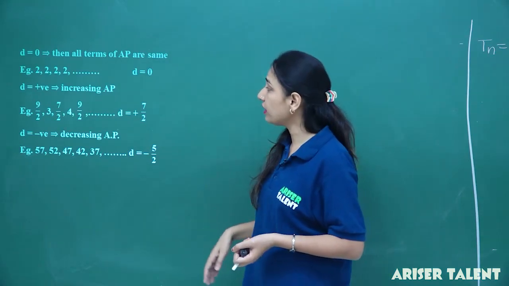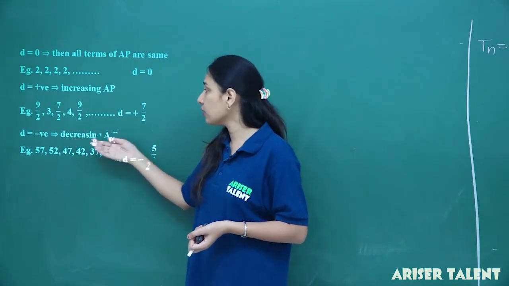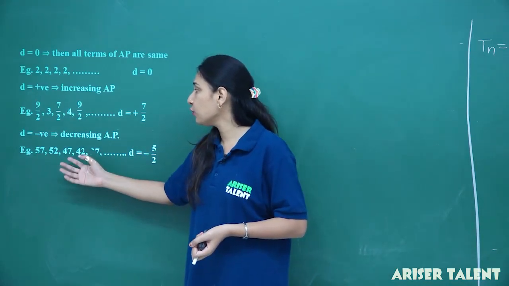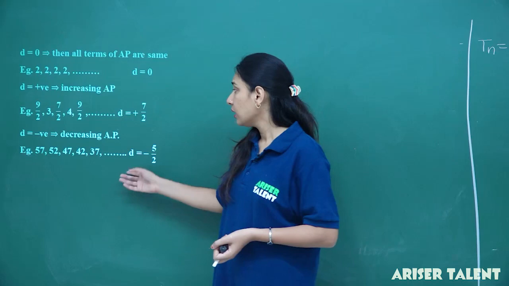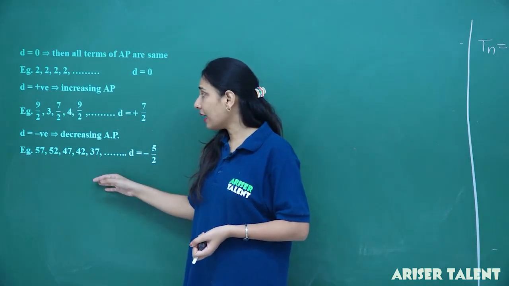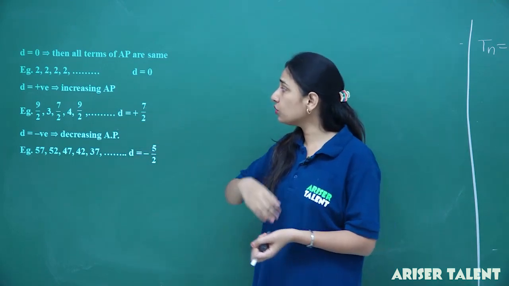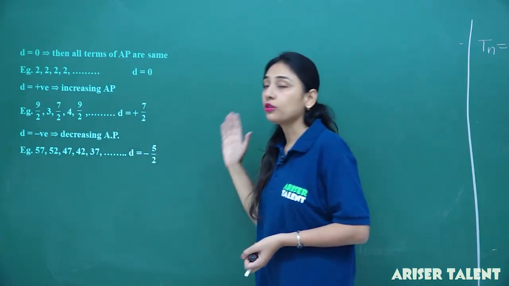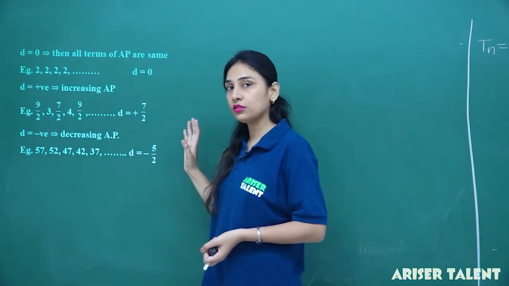And the opposite: if the difference is negative, then the AP is decreasing, like 57, 52, 47, 42. So the difference is minus 5 here. All these cases are possible.